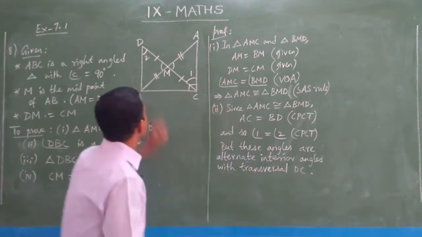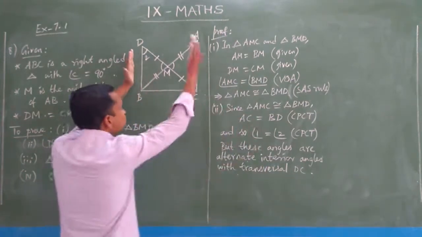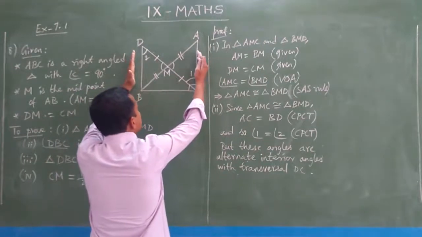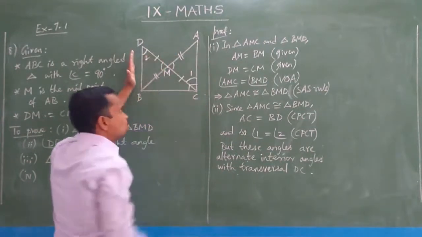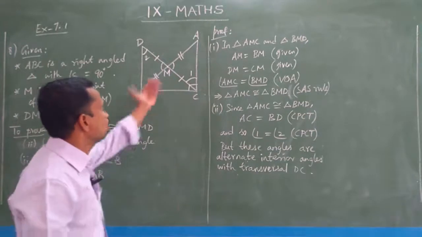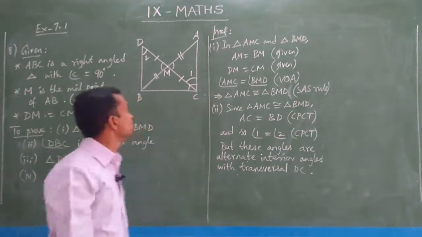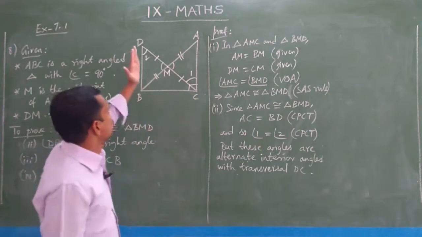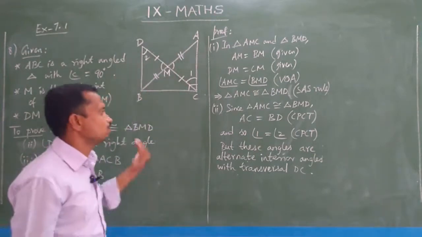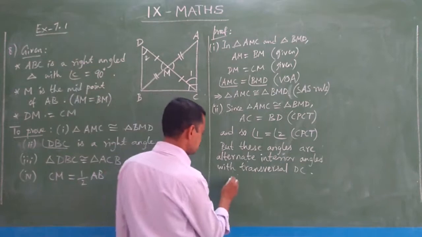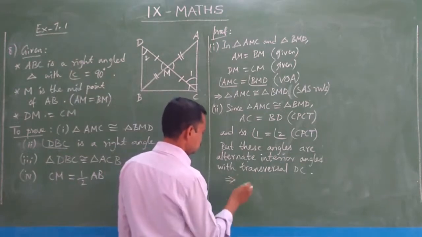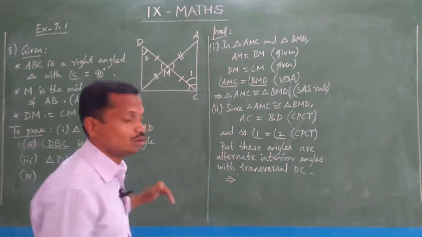If DC is the transversal and these are any two lines, angle 2 and angle 1 are equal, which means they are alternate interior angles. So we can say AC and BD are equal. This implies, not equal, parallel.